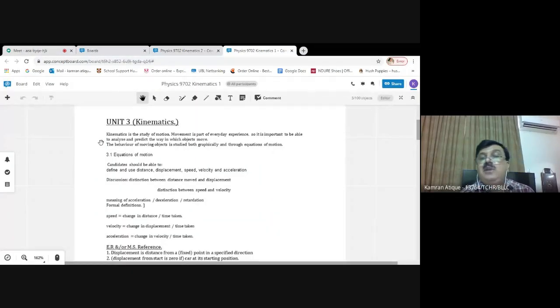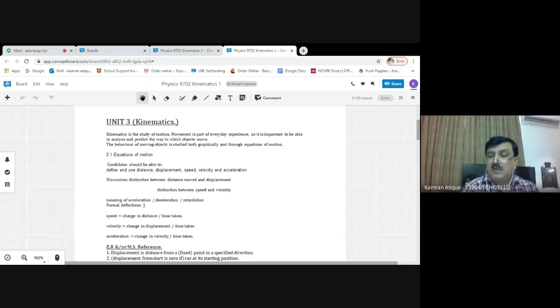Well, unit number 3 kinematics was being started in the older days of physics, in the starting days of physics, but the kinematics of those days and kinematics of today are much different topics.